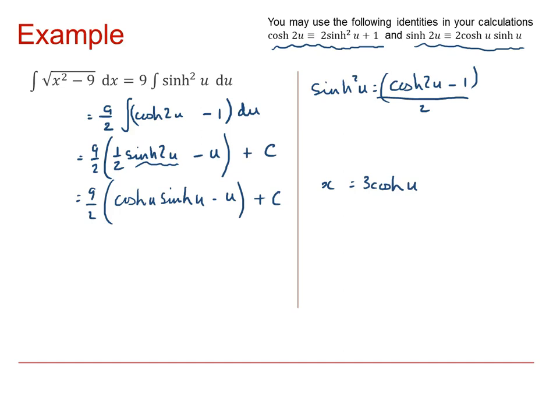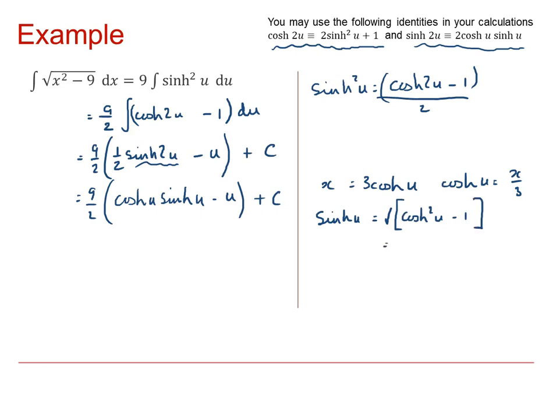Therefore we get that cos u is equal to x over 3. We can use the fact that then sine u, well, sine squared is cos squared minus 1, so sine u is the square root of cos squared u minus 1.